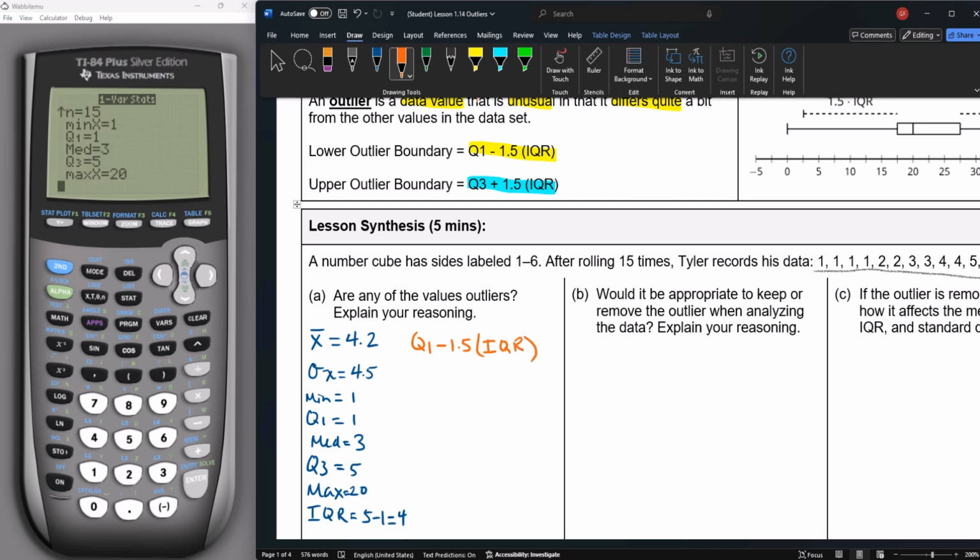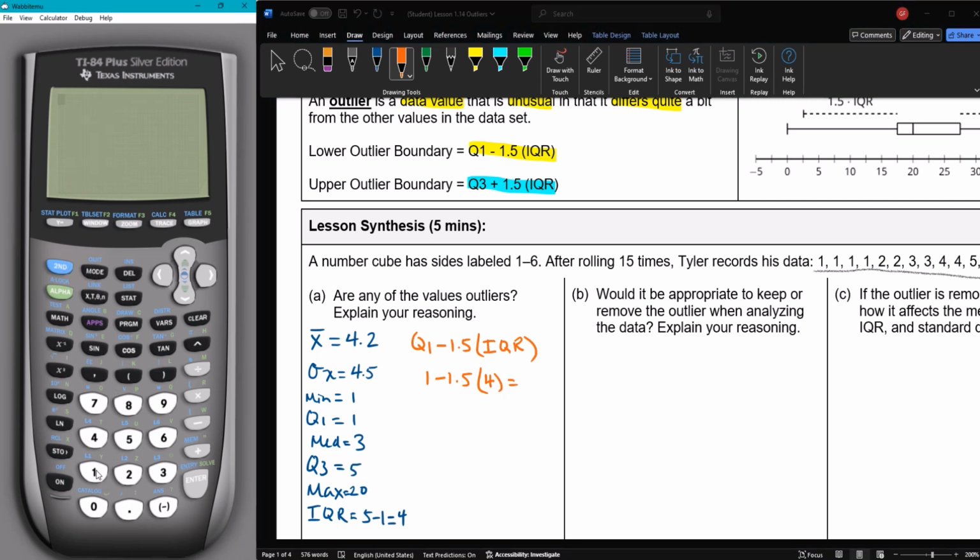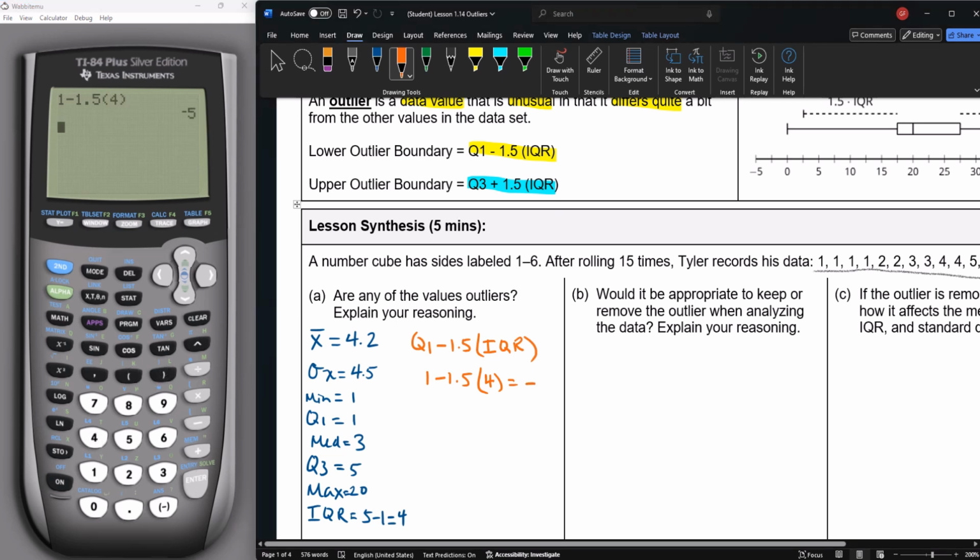My Q1 in this case is 1. We're going to subtract 1.5 times our IQR, which in this case is 4. You can just put this into the calculator exactly how you see it. And we get about -5.